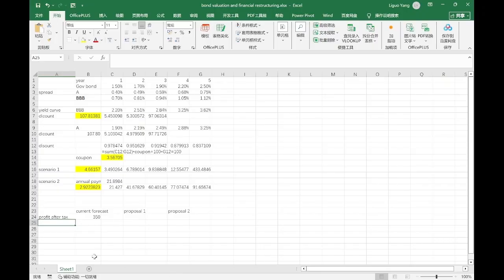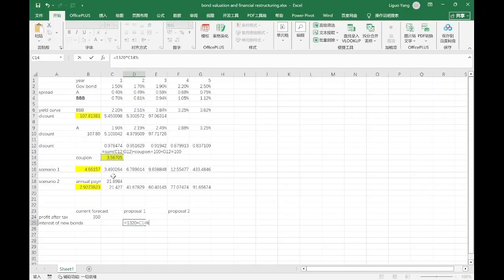Firstly, we will consider the new bonds, the interest incurred by the new bonds. The coupon rate we have calculated.